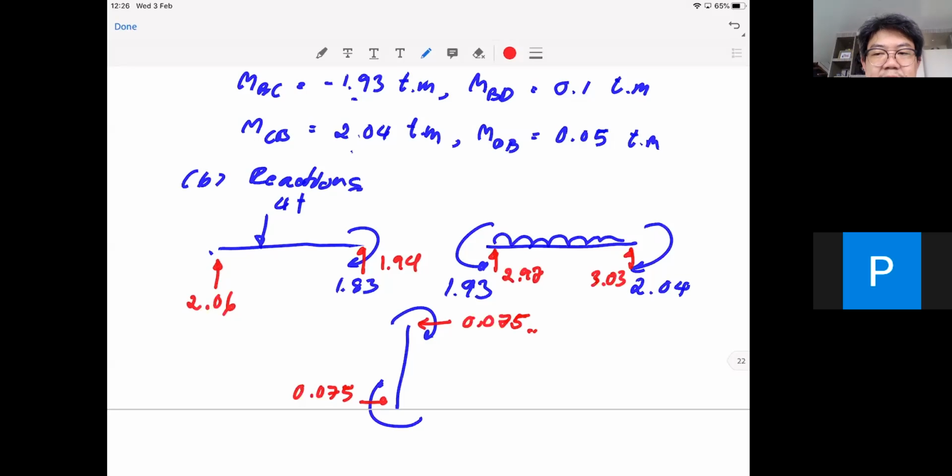Many times you can analyze continuous beams, say, within minutes. And especially you find that sometimes you don't really need the exact number of moment and shear. You can just use these methods to approximate what's going on with your structure very, very quickly.